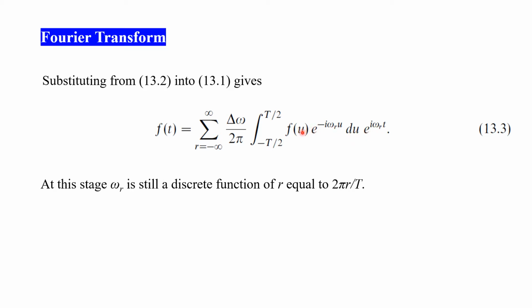We just change from t to u in order not to be confused. And at this stage, ω_r is still a discrete function of r, equal to 2πr/T.